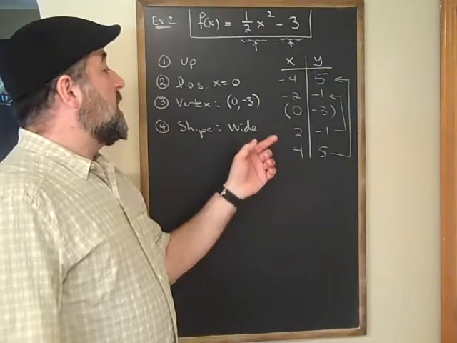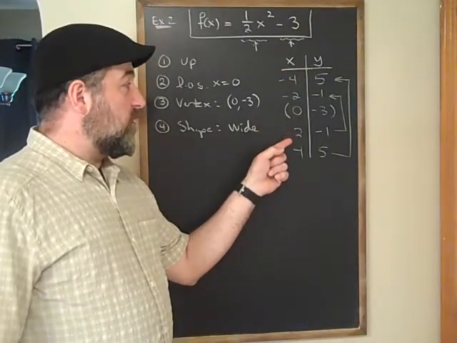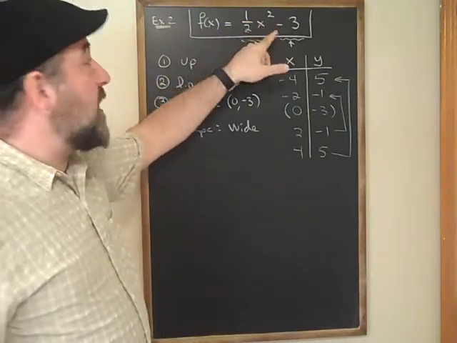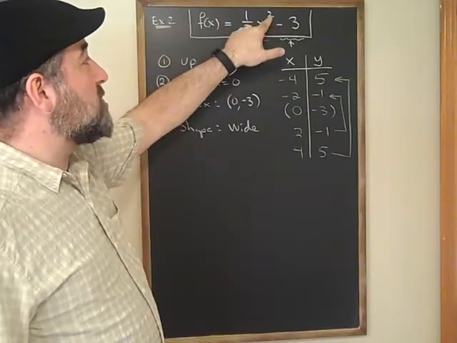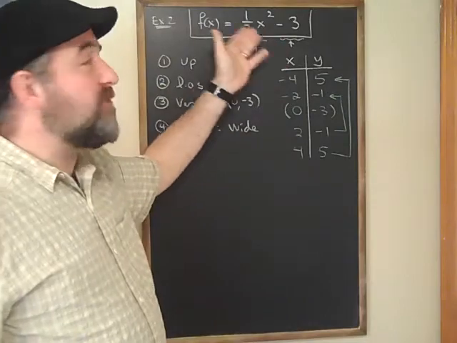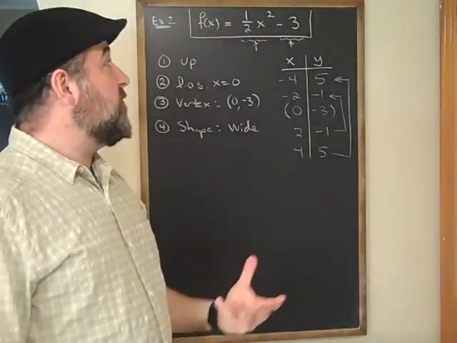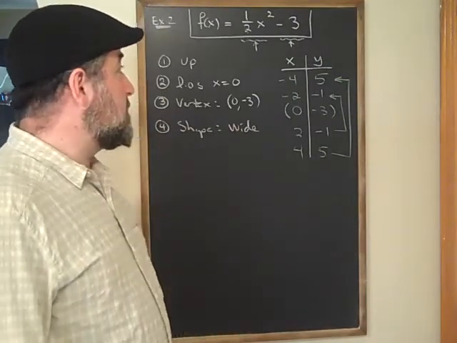So if you had put in 1 and 3, it'll be okay, it'll still generate points, but then you're going to have fractional amounts. Look, if you put in 1, 1 squared is 1, a half of 1 is a half, 1/2 minus 3, now you're dealing with negative 2.5. And if you can avoid that, I would suggest doing so.